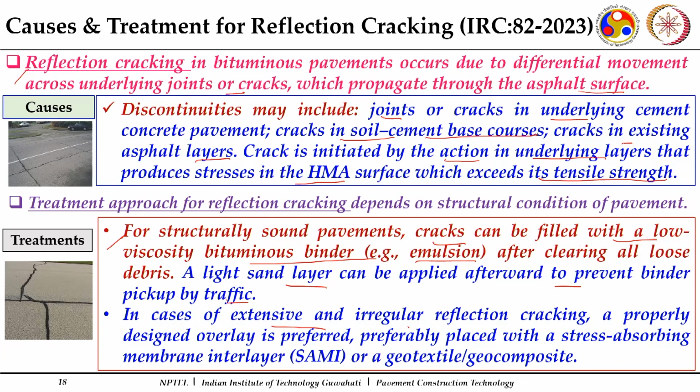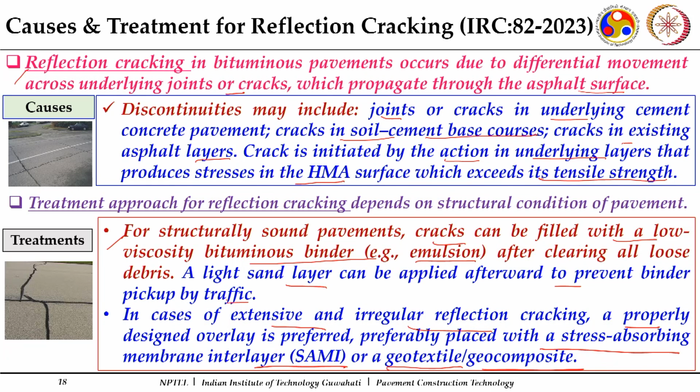If extensive reflection cracking is there, that means the overlay is not properly designed. In that case, we will go for the design of the overlay, and preferably it is good to provide a stress absorbing membrane interlayer, or we can go for a geotextile geocomposite, which can serve both purposes.